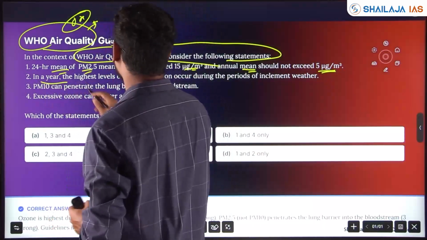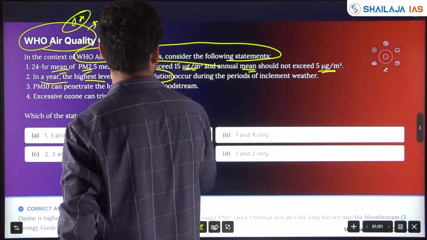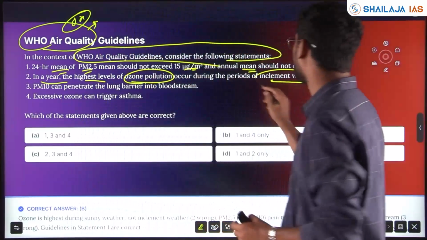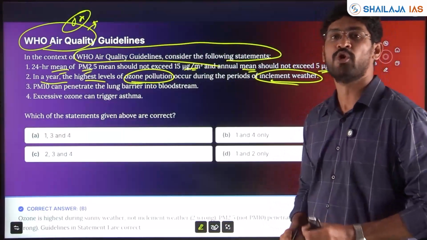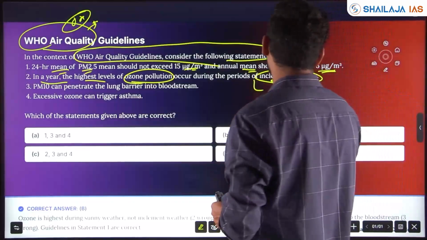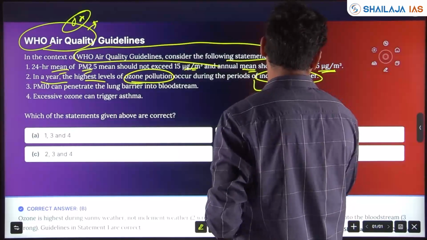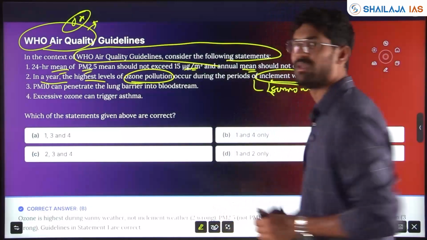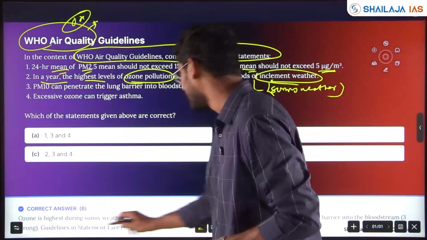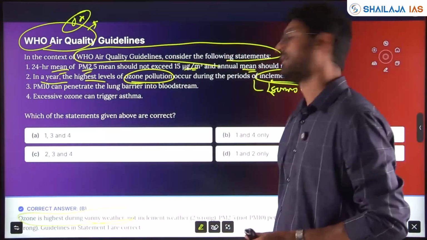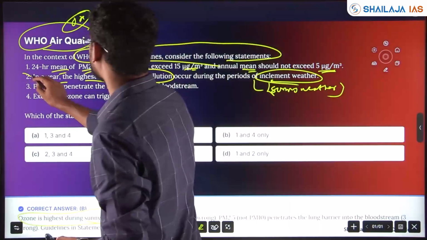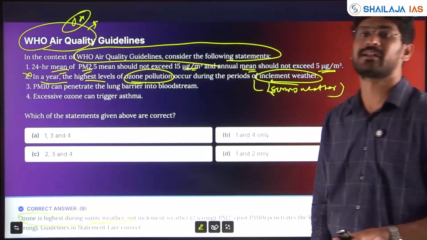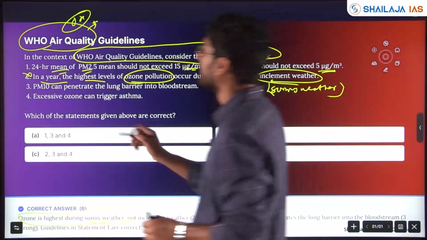Then, in a year, the highest level of ozone pollution occurs during the period of inclement weather. No, when you have sunny weather, this is a concept. Not when inclement. Inclement means very cold, cloudy weather. You need to have sunny weather for ozone. Highest level of ozone pollution occurs during very sunny weather.